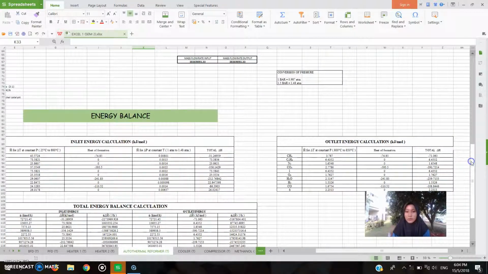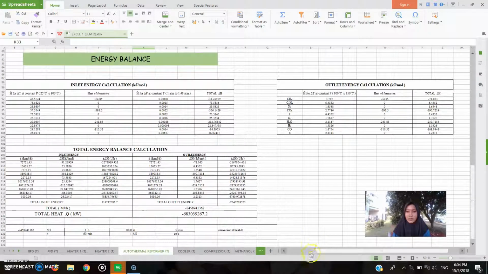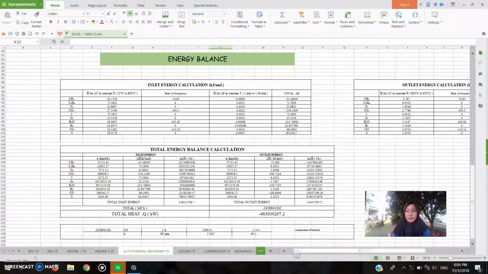When we total up, we use the same formula. This is the value for total outlet energy and this for total inlet energy. Then we calculate the total heat Q in kilowatt. We got this value, which is negative 683039267.2, which is exothermic.